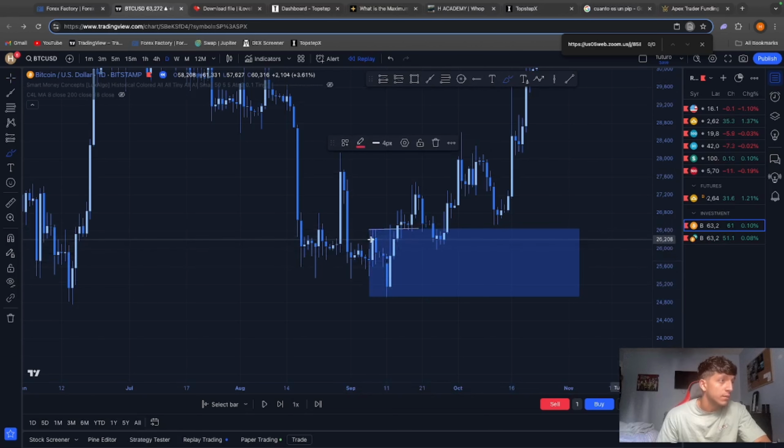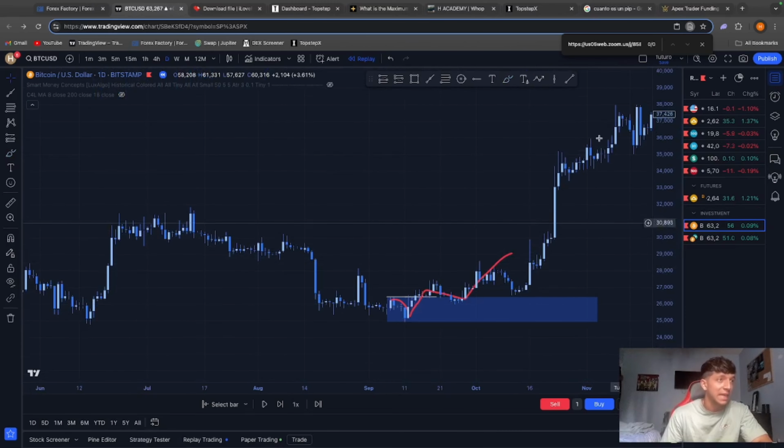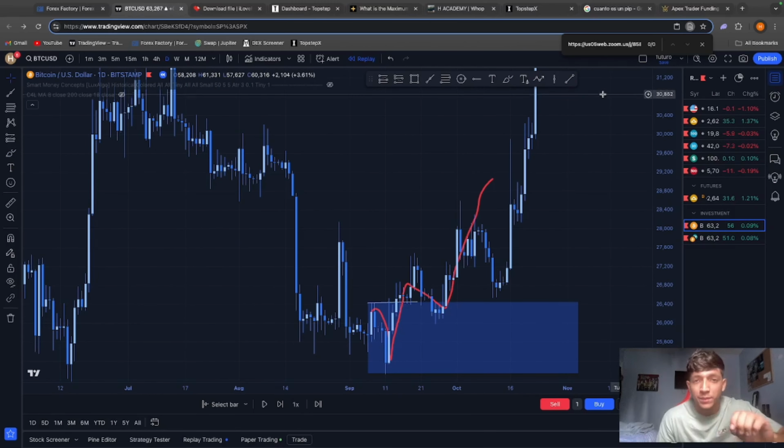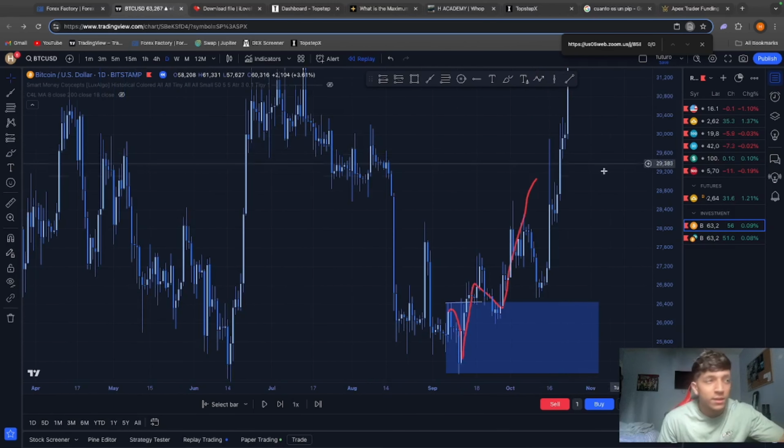Price came down, took liquidity. Price broke a structure to the upside, created the order block, came back to the order block. I see buying candles. I will enter the buy and buy. And what happened? Look, it left, papi. It ripped. Se fue. You know?